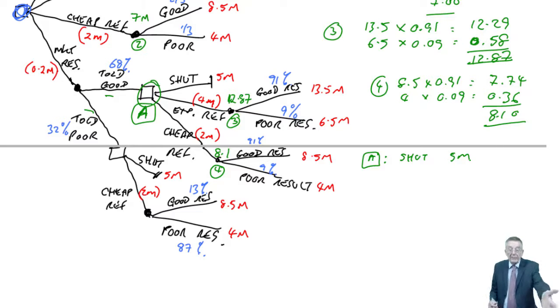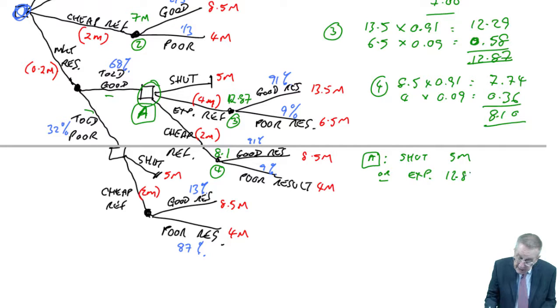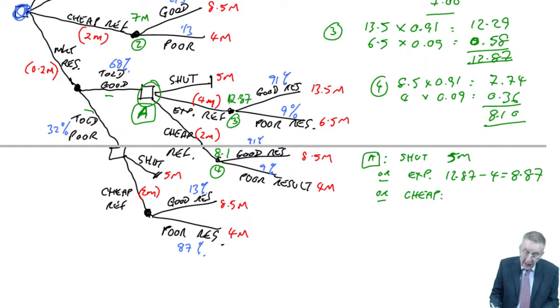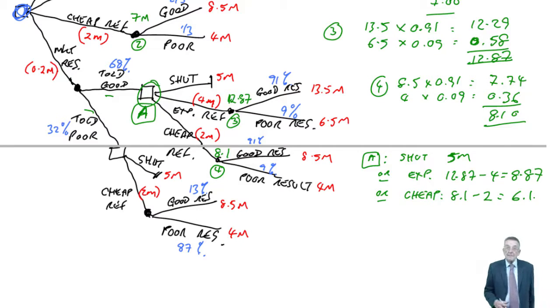We've paid 0.2 million for the research, whatever happens. But having paid that, we shut and get 5 million, or we do the expensive, we'll get 12.87 million, but we'll have had to pay 4 million, so a net 8.87 million. Or we do the cheap. If we do the cheap, we'll get back an expected 8.1 million. We'll have had to pay 2 million, and so we get 6.1.